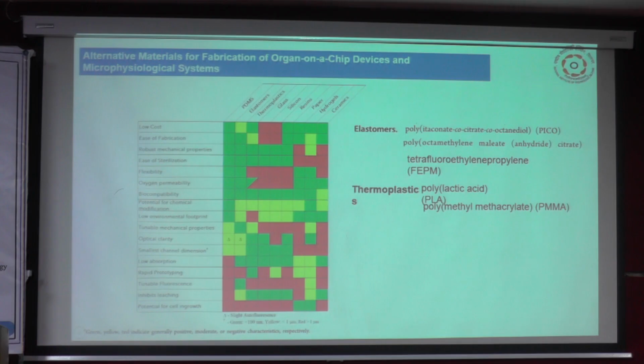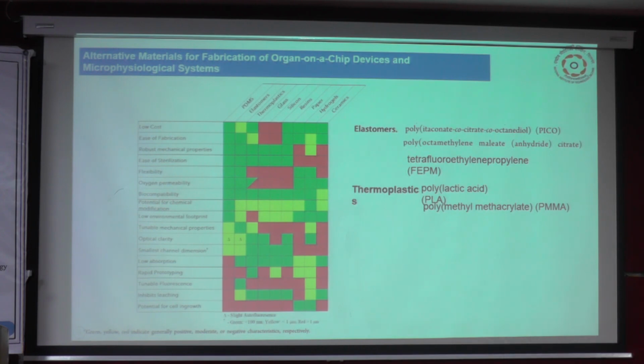There are so many materials, with a green band, yellow band, and red band. Generally, green means positive, yellow moderate, and red negative characteristics. So not all the characteristics of these materials are positive. It is a combination: some are positive, some moderately good, some even bad.